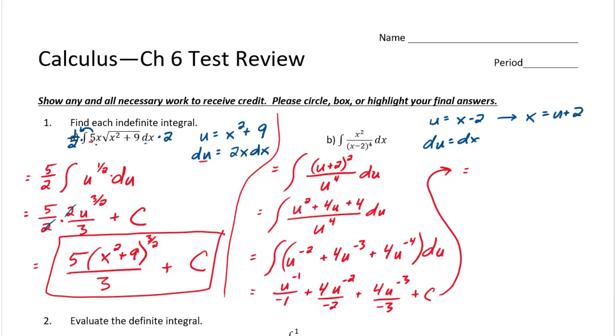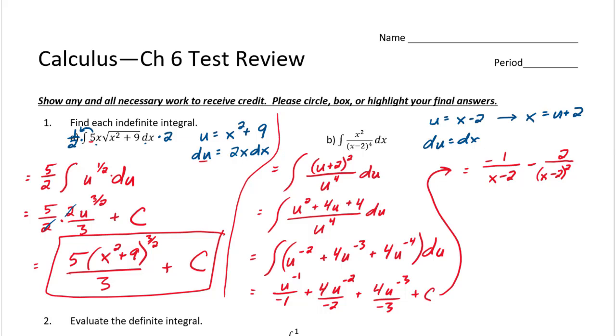So this collectively would turn into, a negative 1 would stay in the numerator, and then u to the negative 1 drops to the bottom, so that's just going to be the x minus 2 on the bottom. Next one, 4 over negative 2 is now a negative 2, so I'm just going to leave the 2 in the numerator, and then the u drops to the bottom but becomes squared, so x minus 2 quantity squared.